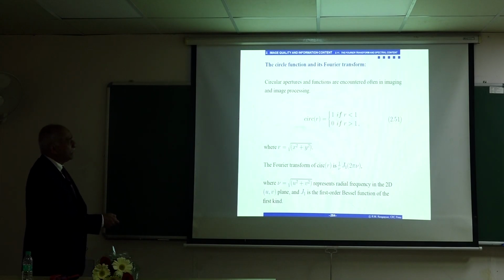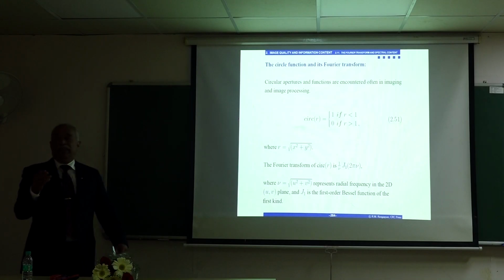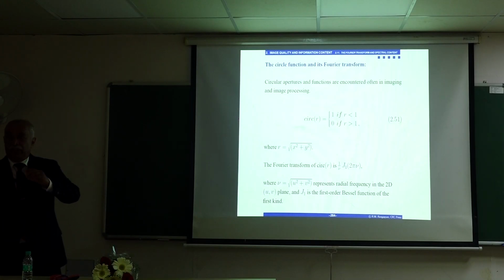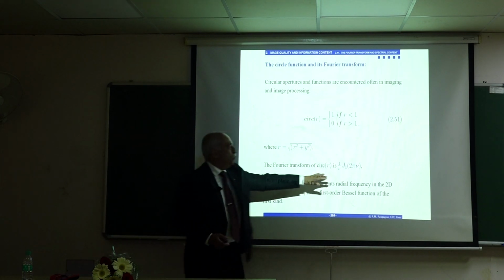The Fourier transform of circ is a Bessel function, where nu, this frequency, is expressed in terms of square root of u squared plus v squared. U and v are the horizontal and vertical frequency components in the two-dimensional Fourier transform in the rectangular or Cartesian coordinate system. This is in the polar system.